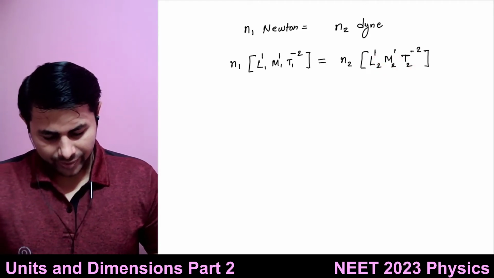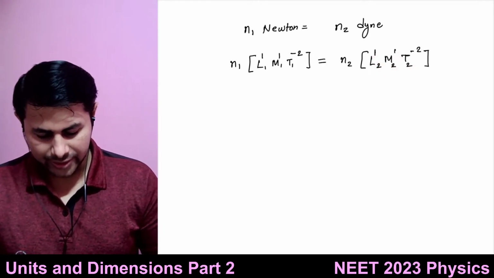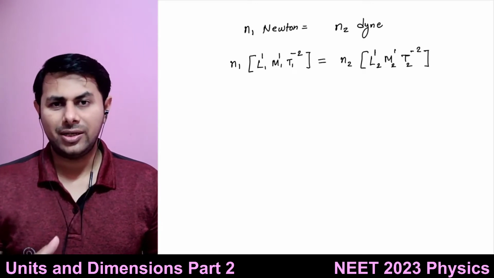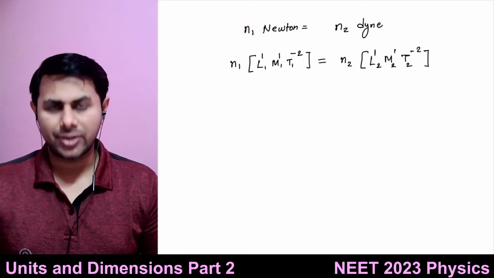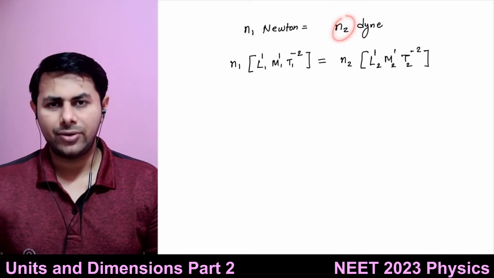All right, so now I want to find out, let's say, 1 Newton equals how many dyne. So what I will do is substitute n1 equals 1 and find out n2.